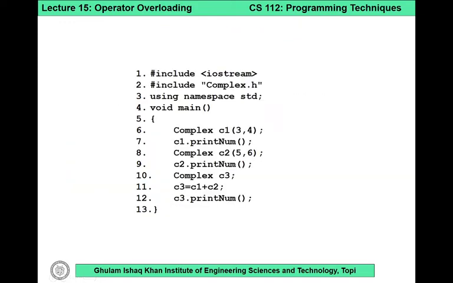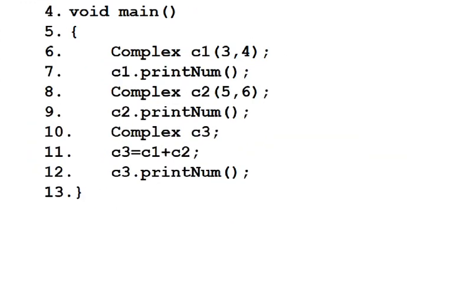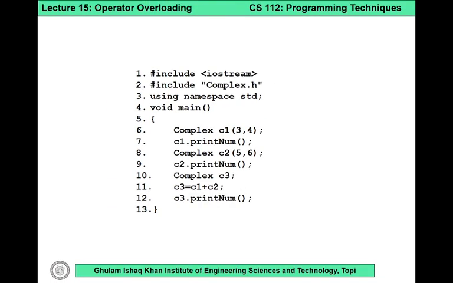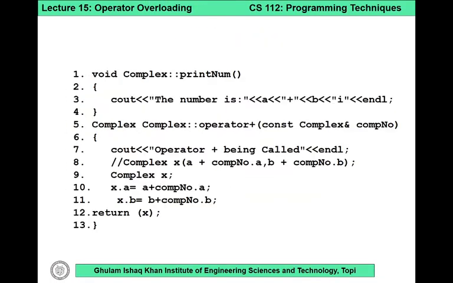It will call the plus function for this instance, and it will pass the value which is to the right of plus as an argument to this function.